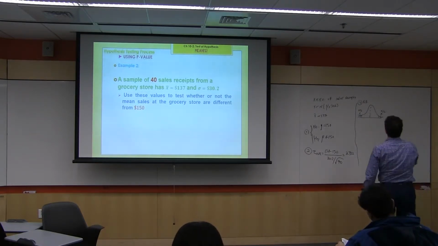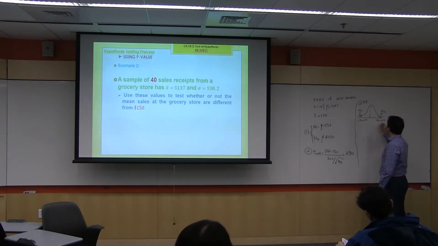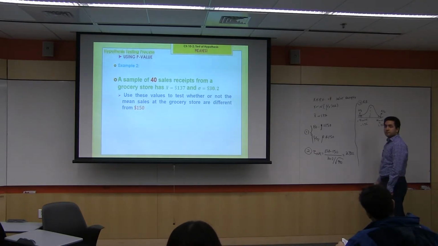Therefore, this is Z of 0.025, negative Z of 0.025. What's the Z? 1.96 and negative 1.96. And the last step, make a decision.